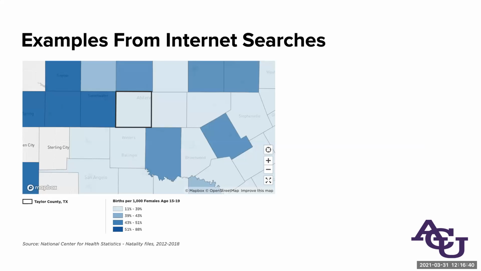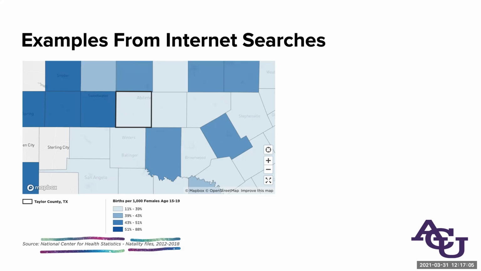But I mentioned that we talk about how to follow the trail from a publication. So I found a website that was giving information on Taylor County, Texas. And if you look at the bottom, you'll see that it says the source is the National Center for Health Statistics, the natality files. So that's about births.